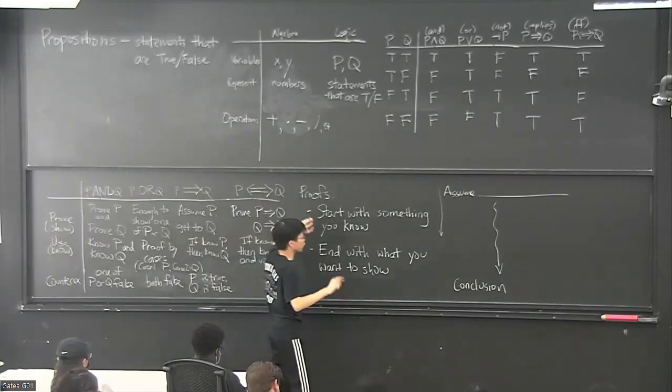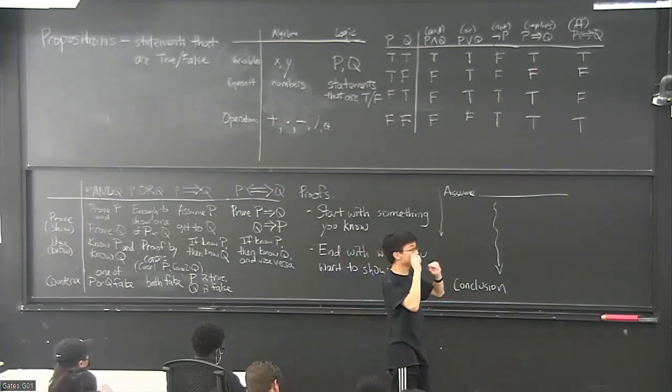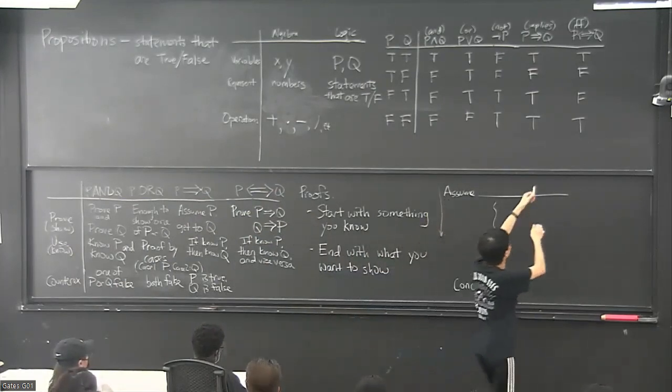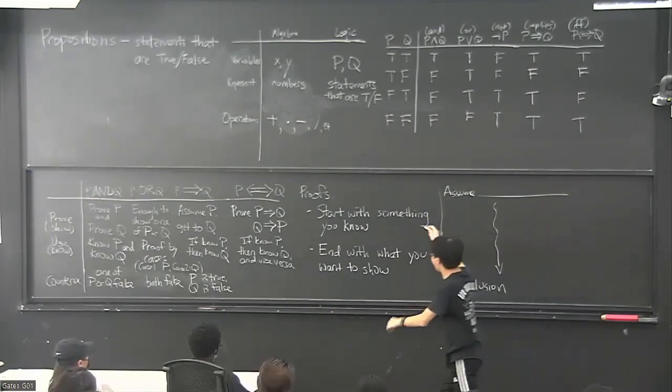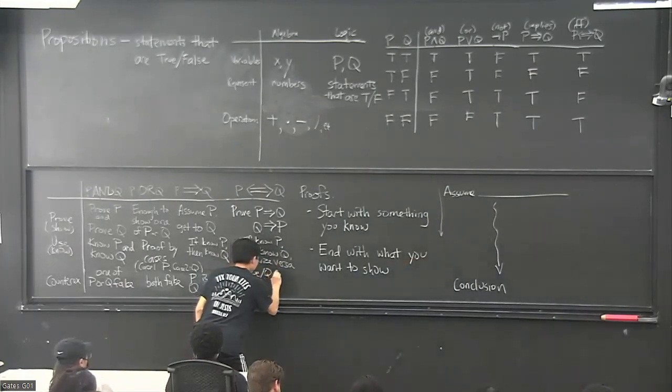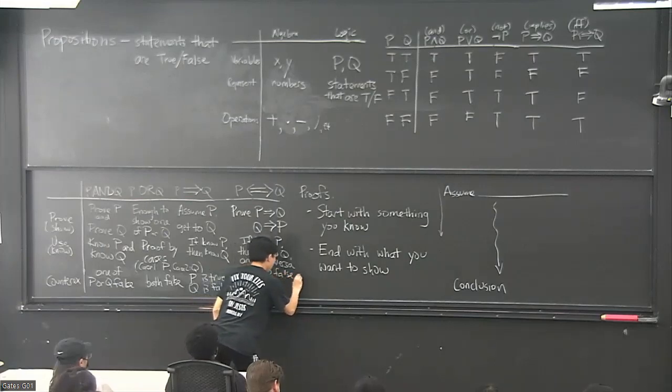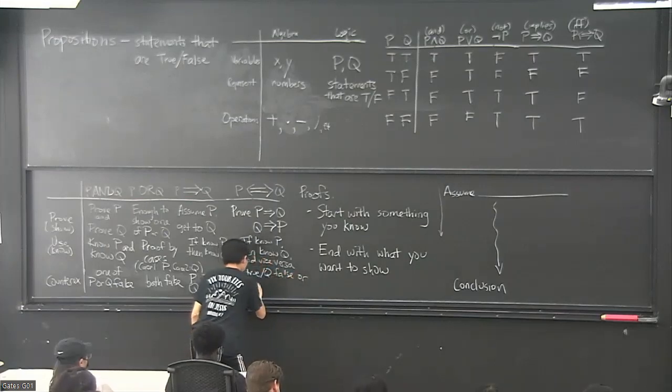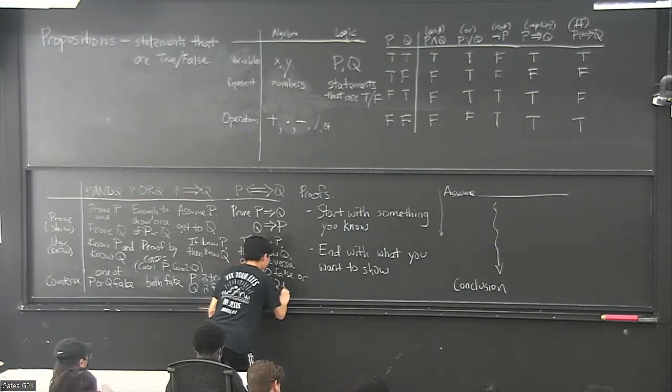And to show P if and only if Q is false, you need to get an example where you end up in one of these false categories. So you have to get an example where P true, Q false, or P false, Q true.